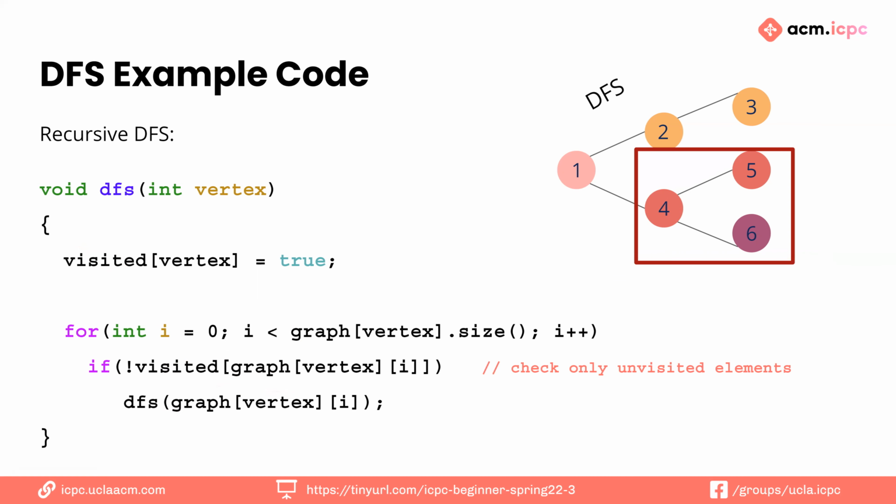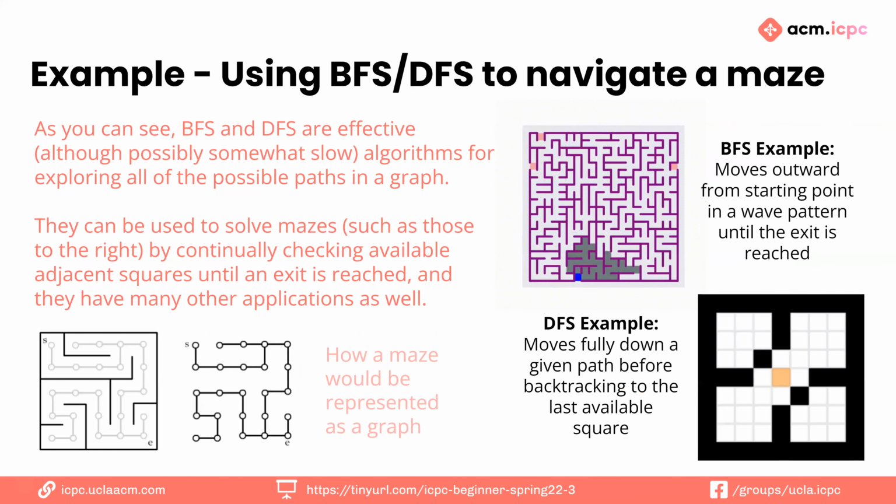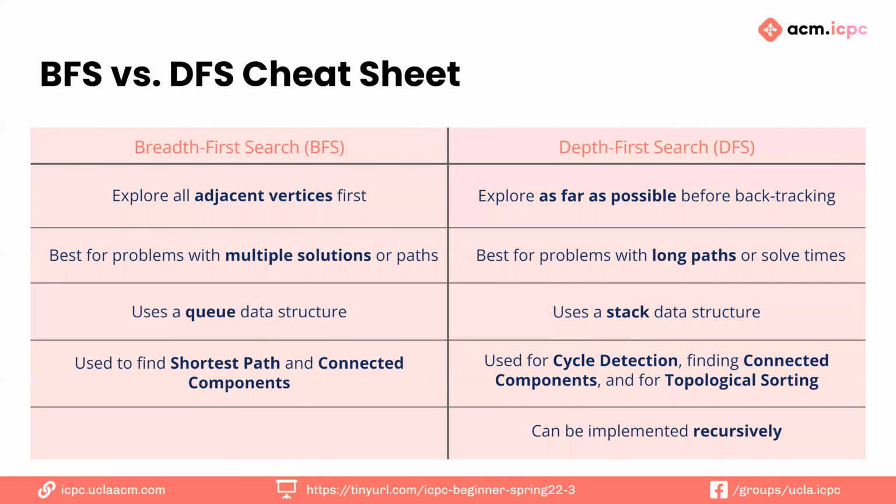All right, and here's a slide that you can read if you want to, about what use cases BFS and DFS have. And you can gaze at the animations too if you want to. And here's the table comparison.